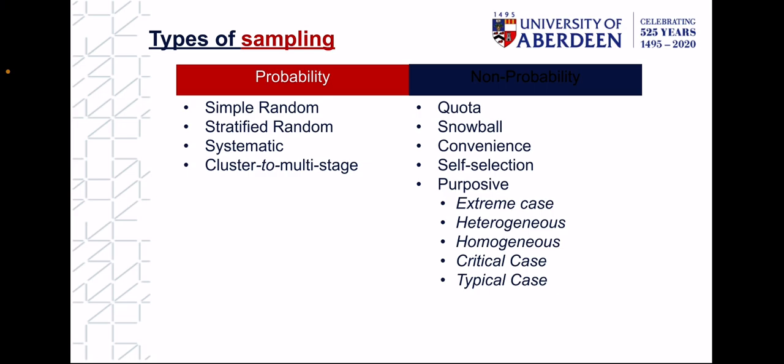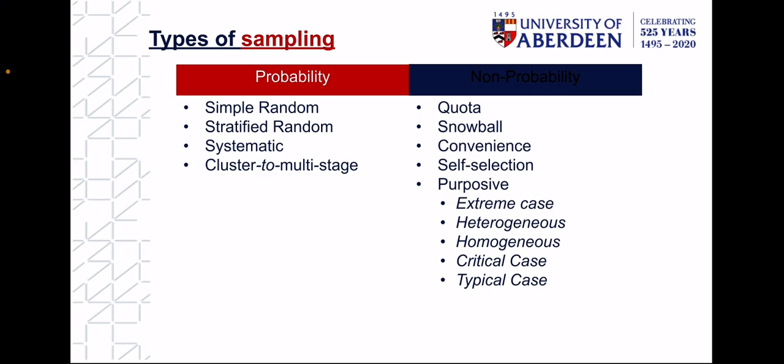Within research, the two main types of sampling techniques are probability and non-probability sampling.